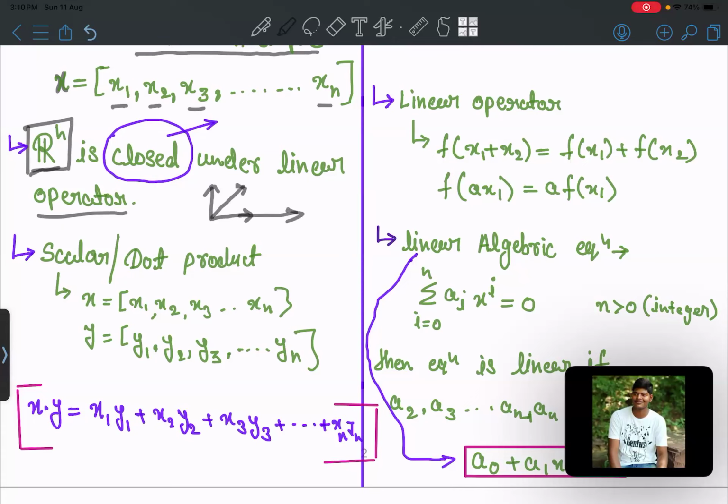The resulting vector will remain in that n-dimensional space only. That's why, if we take two vectors in two-dimensional space, their summation and scalar multiplication will also remain in the same two-dimensional space. That means that R2 is closed under linear operator.